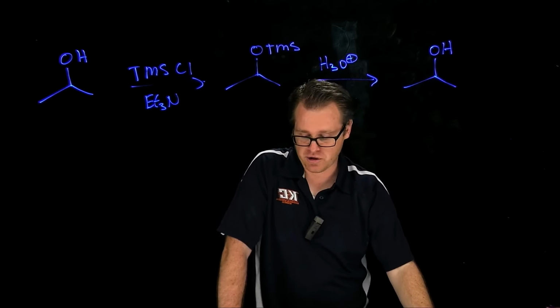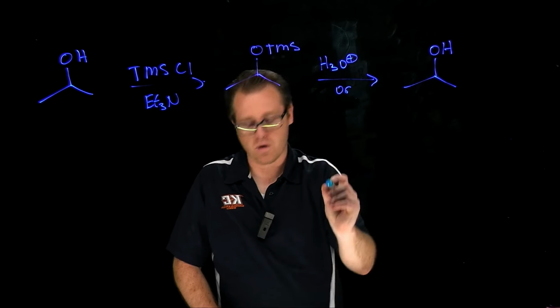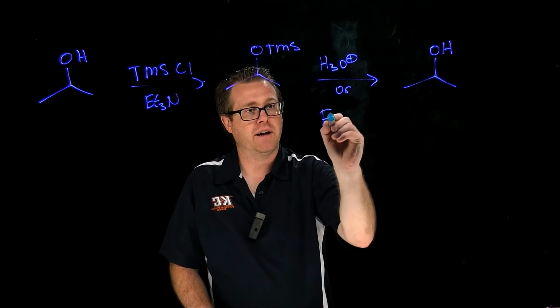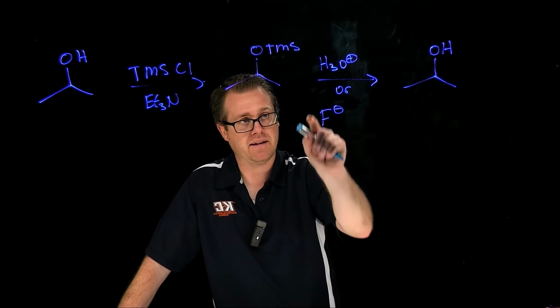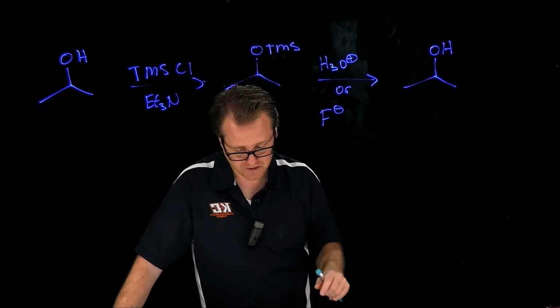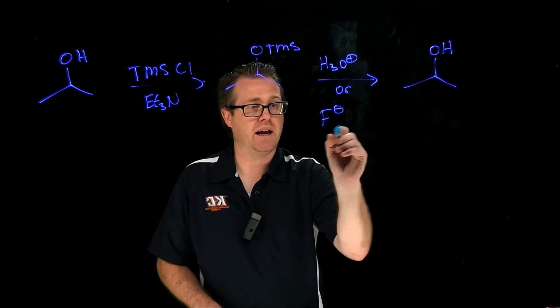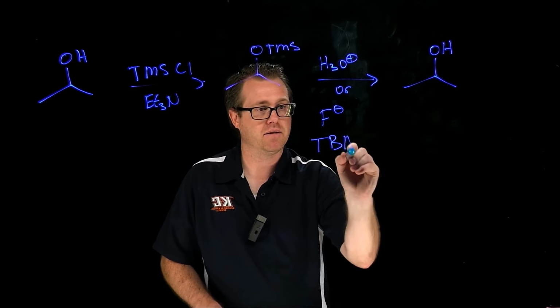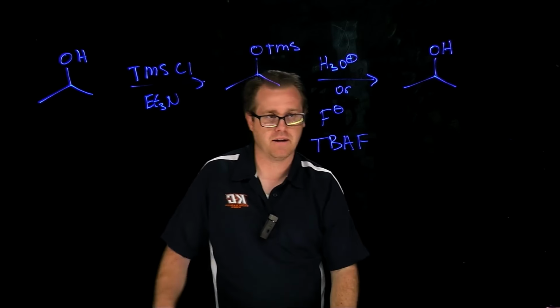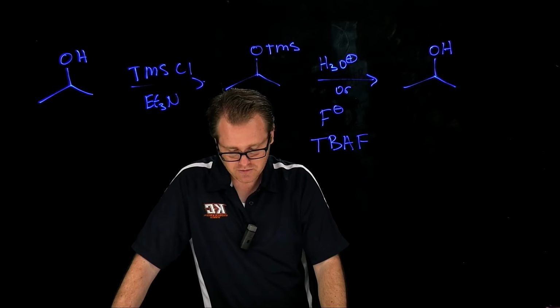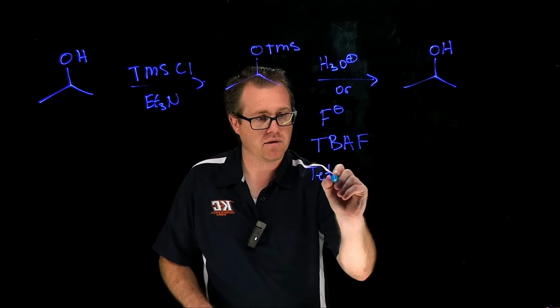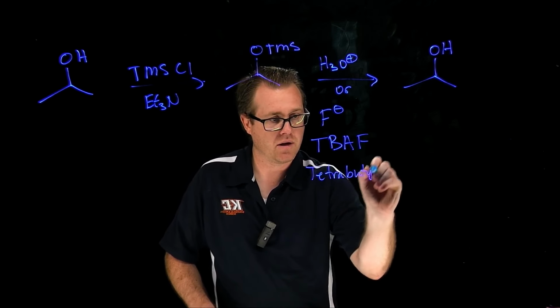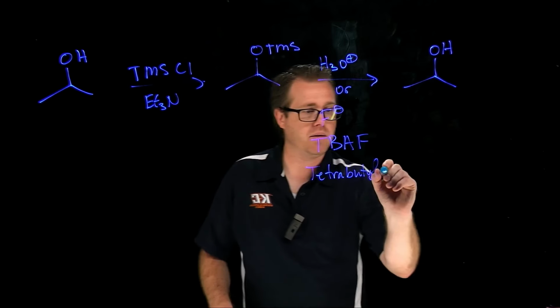Another way that you could do it, or you could treat it with fluoride ions. And the way that you get these ions is using TBAF right there. So TBAF is tetrabutyl ammonium.